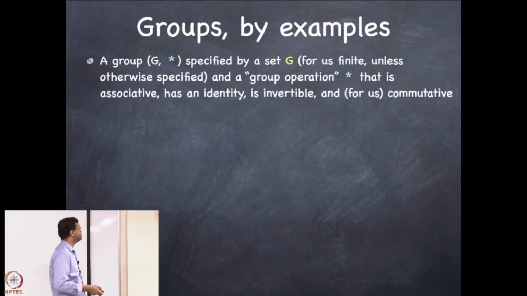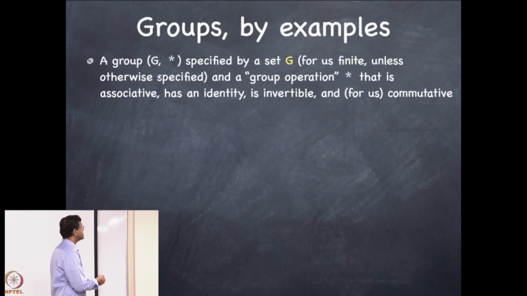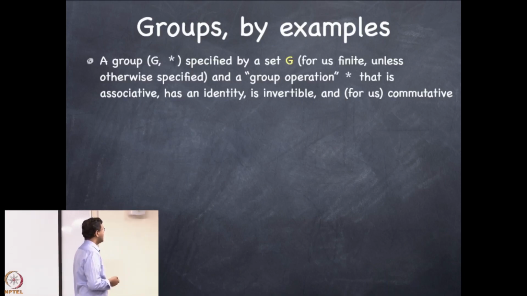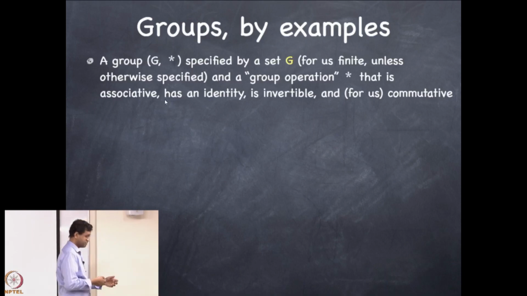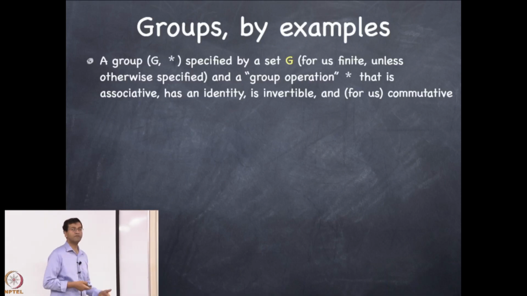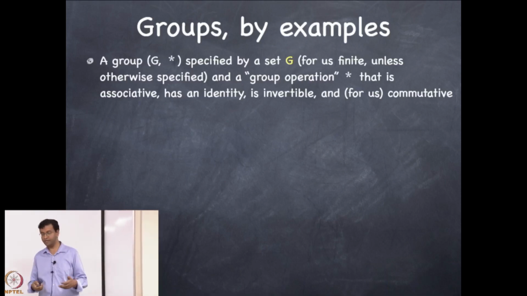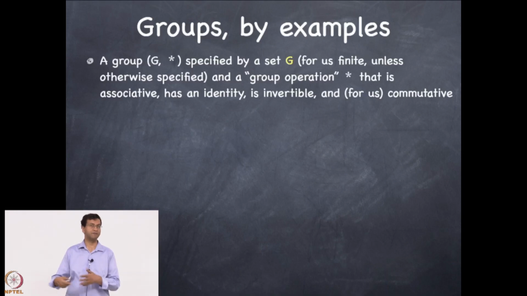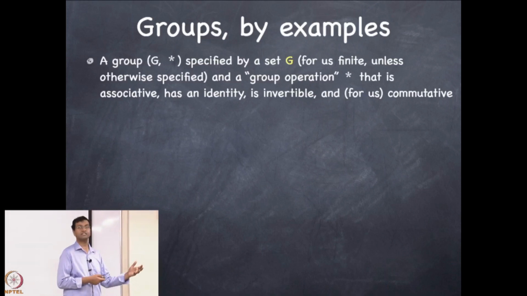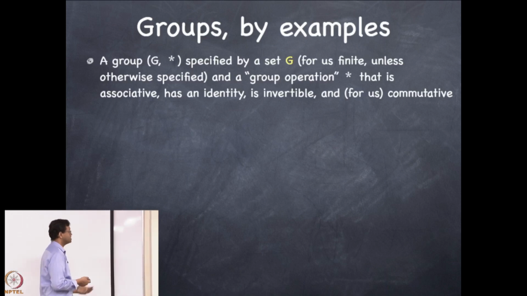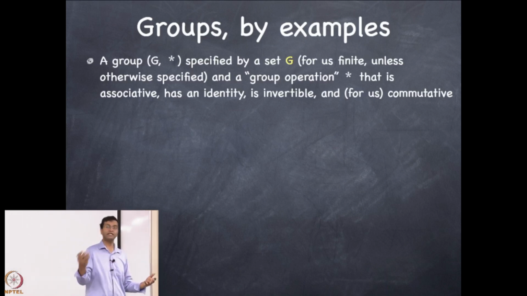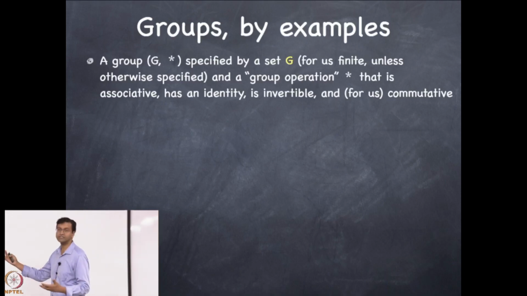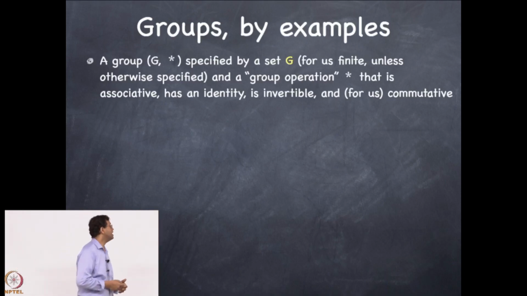For now, think of them as numbers, and some operation star. So now think of that as addition. This operation has a few properties. It's associative, meaning (A plus B) plus C is the same as A plus (B plus C). There is an identity element in the group, like 0, and it's invertible. So if there's an A, there's a minus A, so that A plus minus A equals the identity, which is 0.